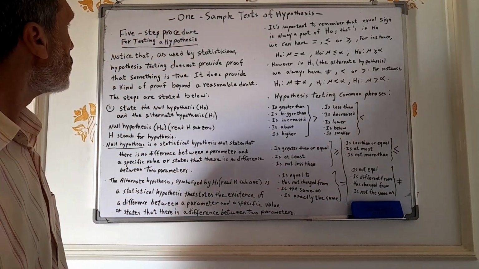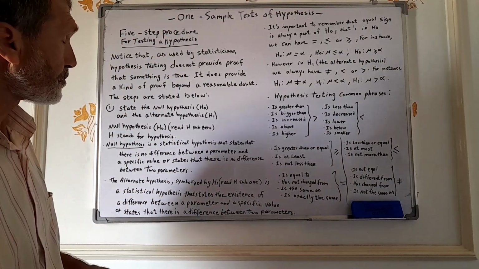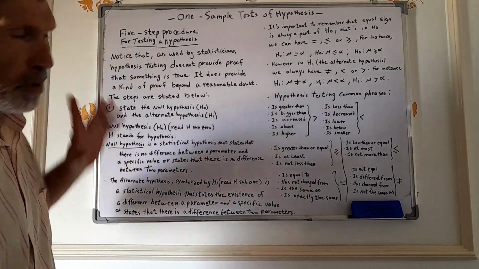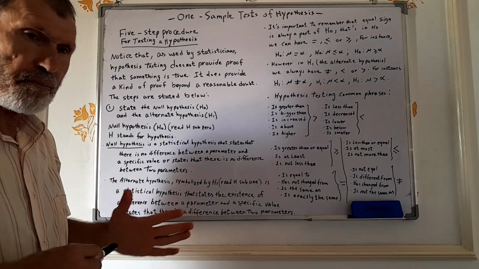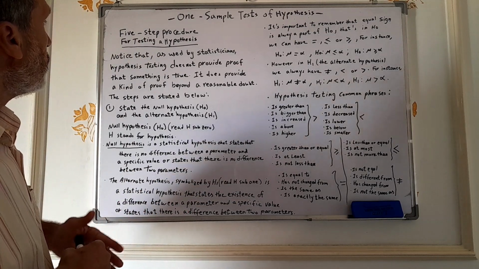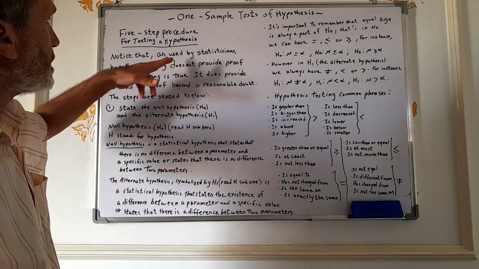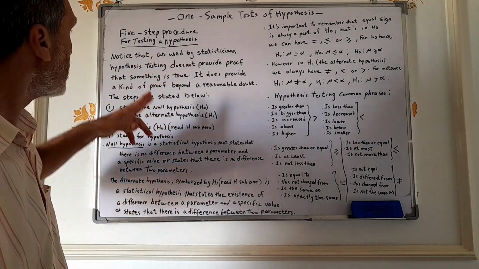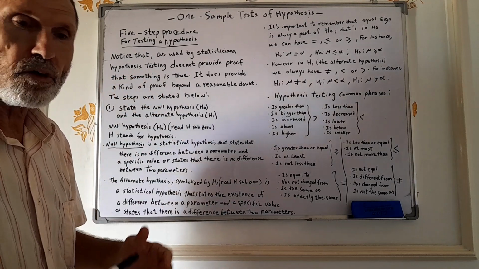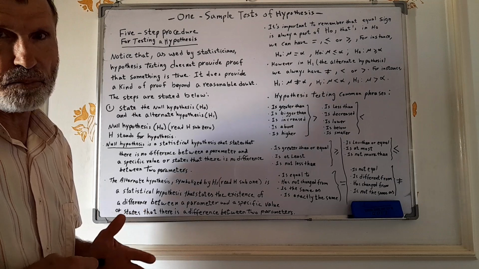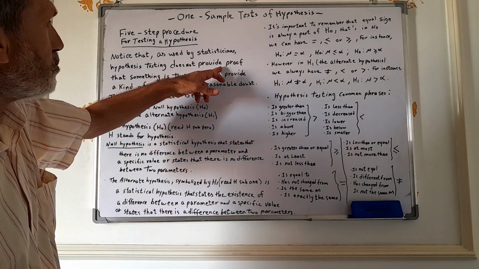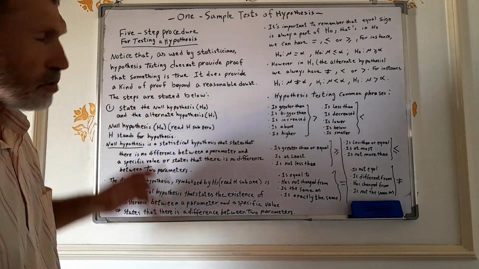Okay, now we move to talk about the 5-step procedure for testing a hypothesis. We said before, a hypothesis is a statement about the population. As used by statisticians or researchers, hypothesis testing is a decision-making process for evaluating a claim about the population. It does not provide proof that something is true.